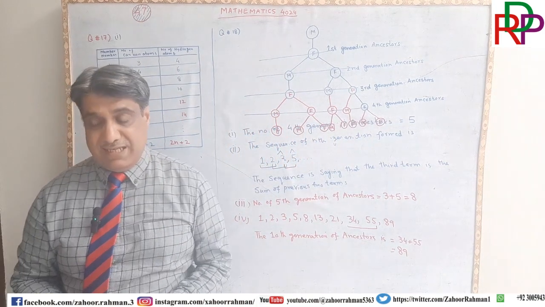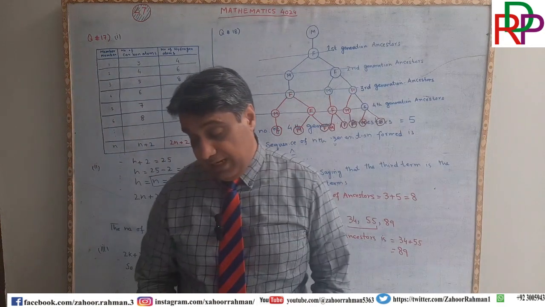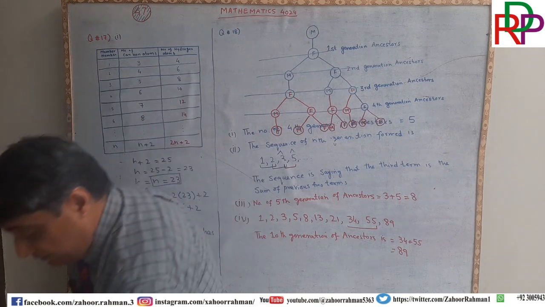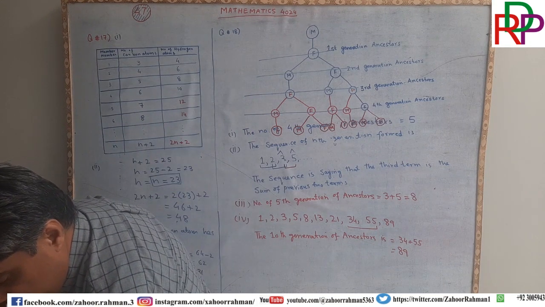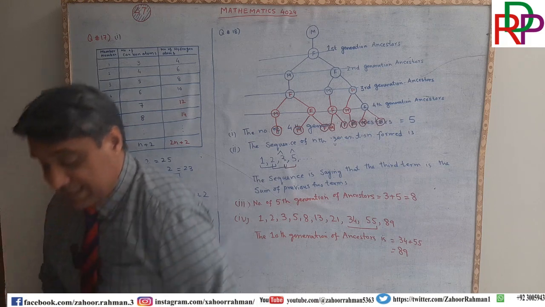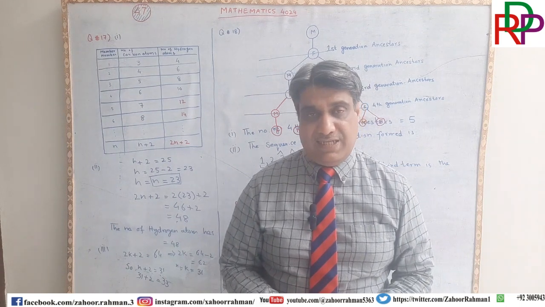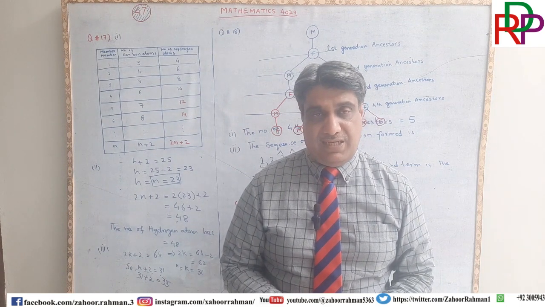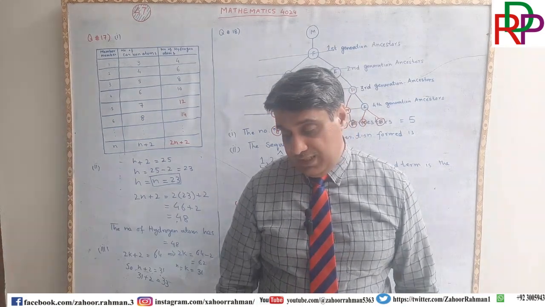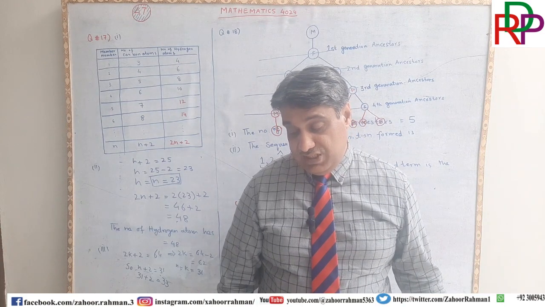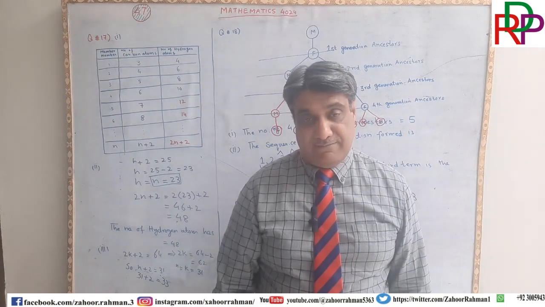So 89 is the answer. With this, we came to the end of chapter number 7, and we are having the next chapter, that is percentages. We will discuss percentages in greater detail, but for the time being we reach the end of chapter number 7.